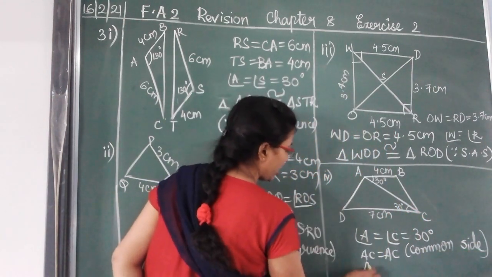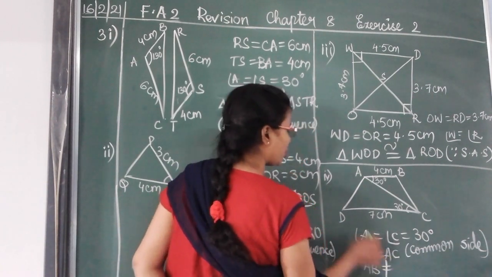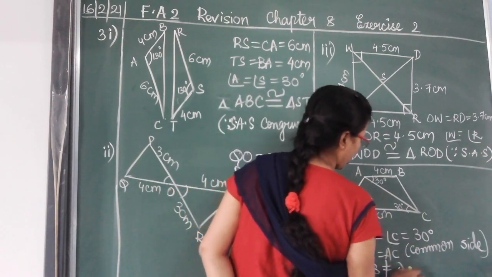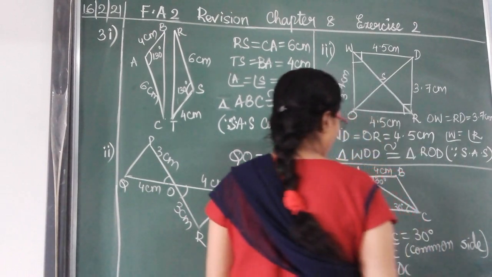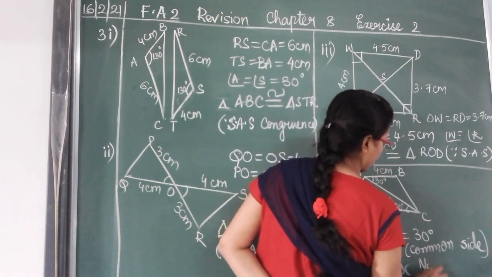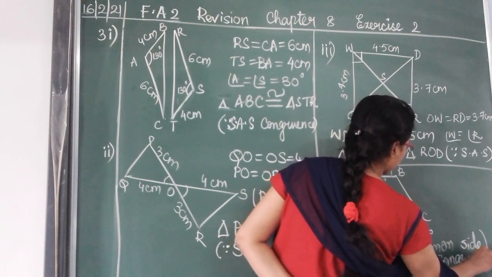But here it is given that AB is not equal to DC. So can you write that these 2 triangles are congruent? No. No congruence.